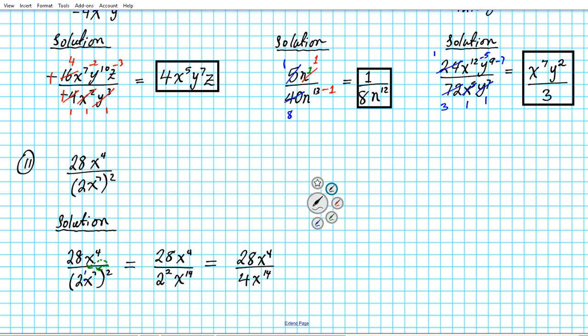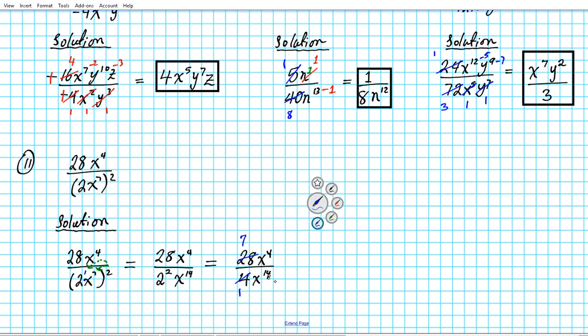Okay, so now that we've dealt with the parentheses and the exponent there, we now have the division of these monomials to take care of. Okay, so we're going to apply the quotient property of exponents. Let's reduce the coefficients first. 4 goes into 28 7 times. And then for the variables, x to the 4th and x to the 14. Which one dominates?